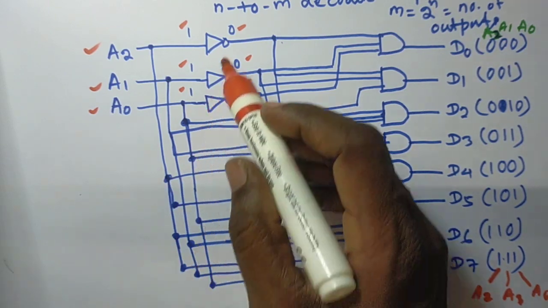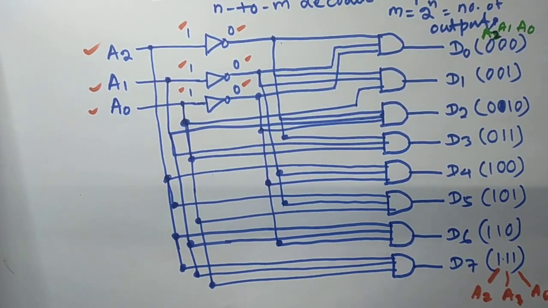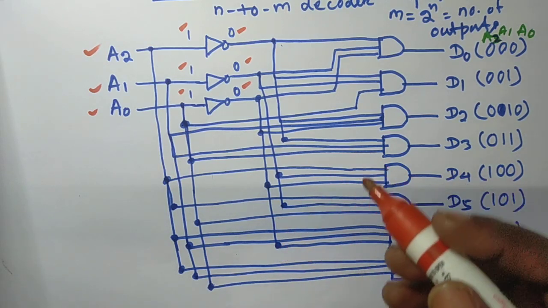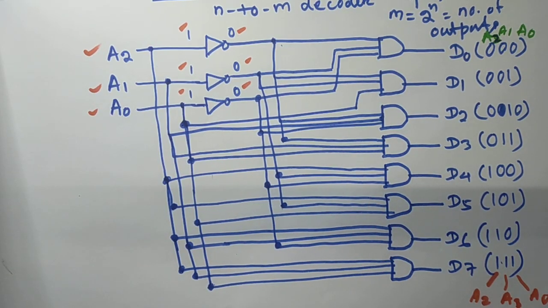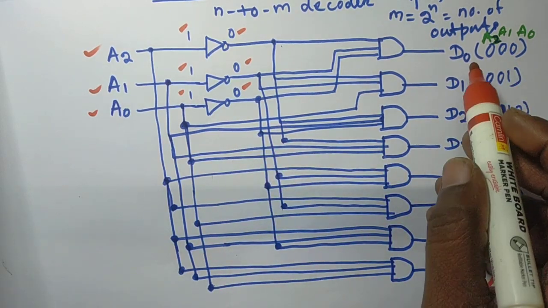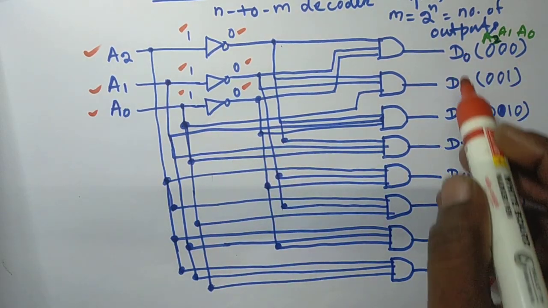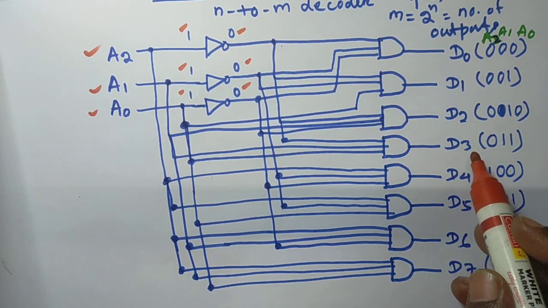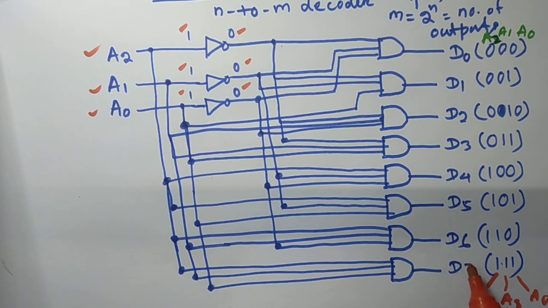In this way the inverter converts the 1 value to 0 value. Whenever we require a different kind of output, it will be determined by these 8 outputs, counted from D0, D1, D2, D3, D4, D5, D6, D7.